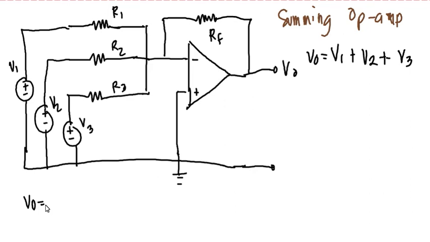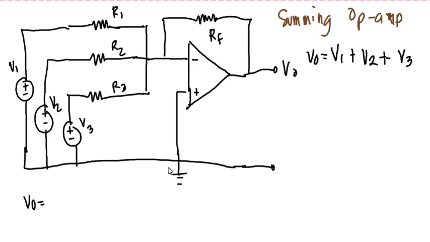If we go back to the concept of the superposition theorem, what do we do? If we have many sources, when we calculate a certain source, the other sources are just shorted.